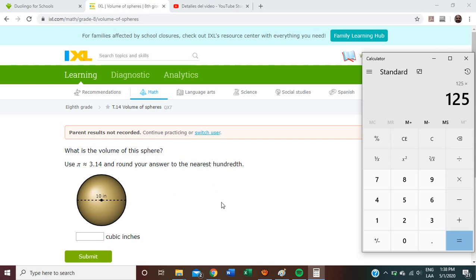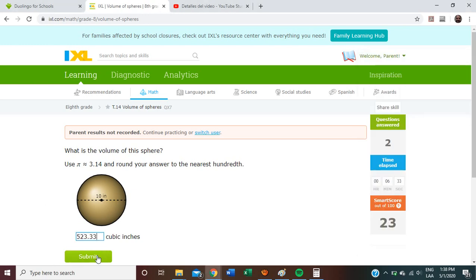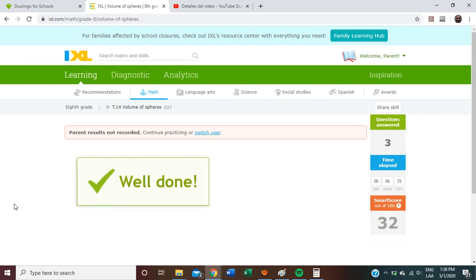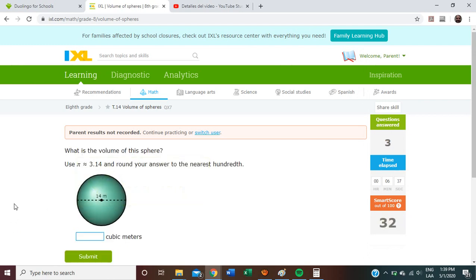And then you multiply it times 3.14, and then you multiply it times 4, and then you divide it by 3. And this is our answer. It remains a 3 if we round it, and we submit it. And this is it. Well done.